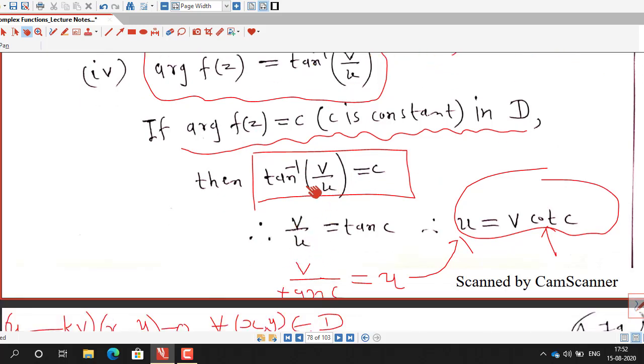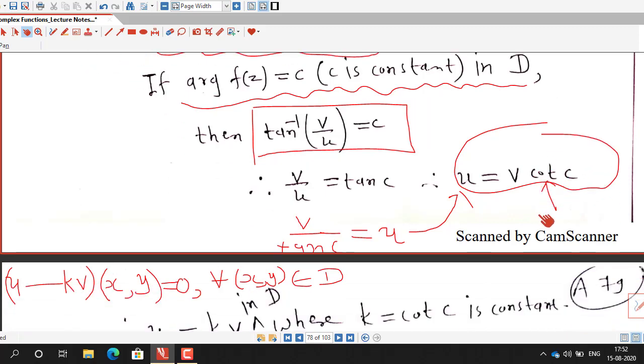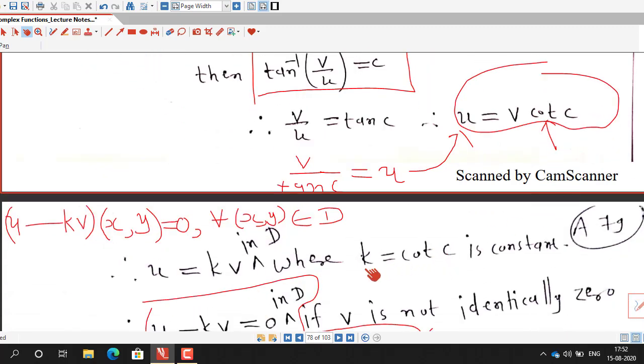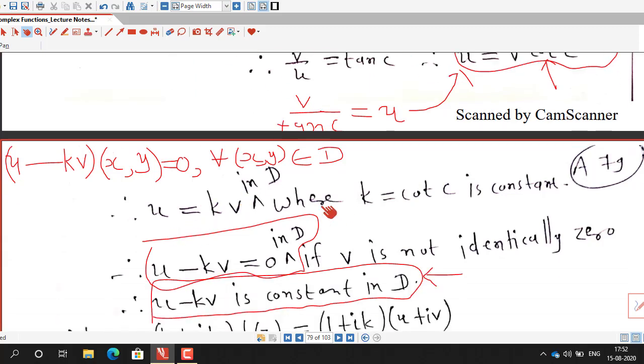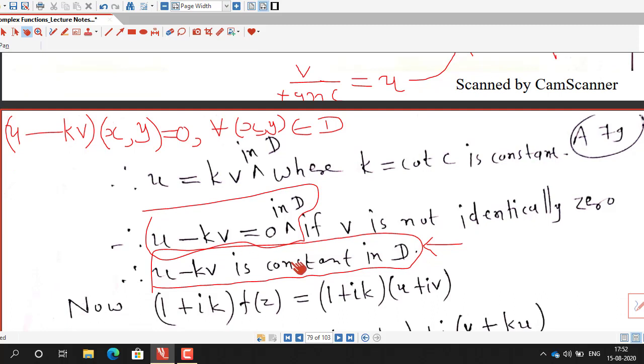Therefore v upon u is tan c, and from this we can write u equal to v into cot c. Since c is constant, cot c is also constant, so we denote cot c by small k. So we obtain u equal to k into v at every point in a domain D. Therefore u minus kv equal to 0 at every point in a domain D. This shows that the function u minus kv is constant in a domain D.